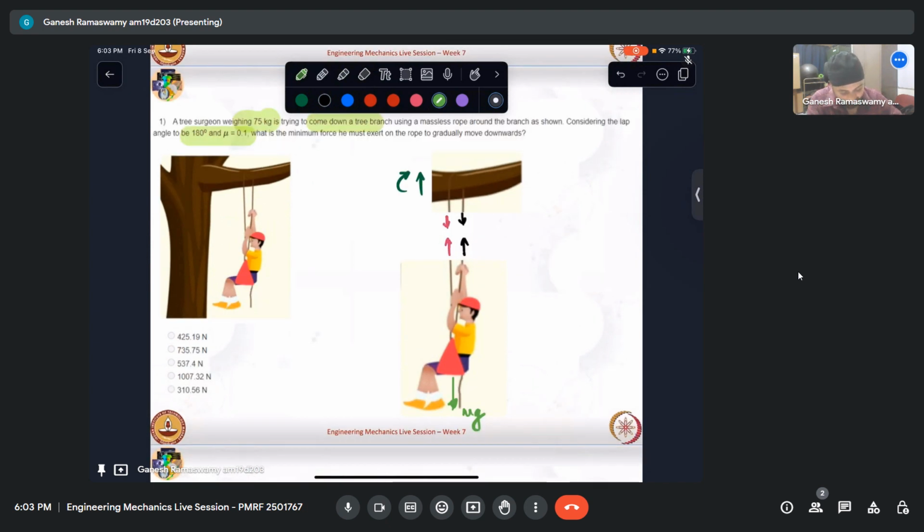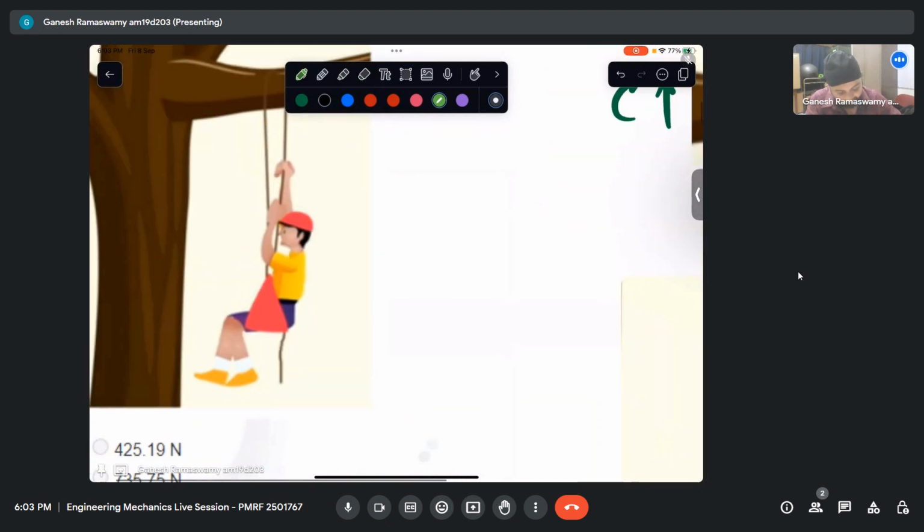Now we can clearly see from this image that this is the rope that the tree surgeon is actually holding, and this is the rope that is connected to the seating mechanism, or the cloth over which he or she is sitting to come down.